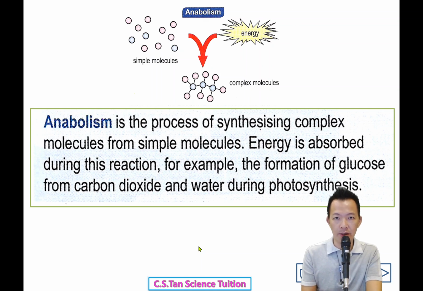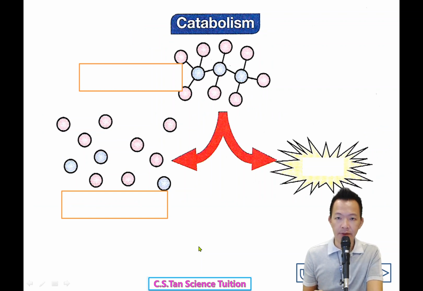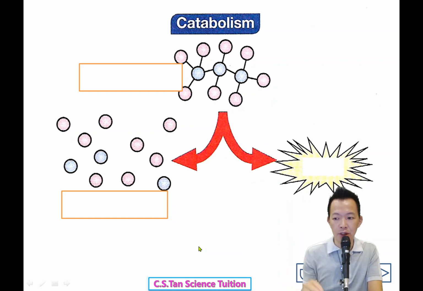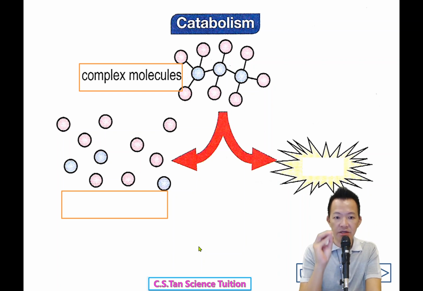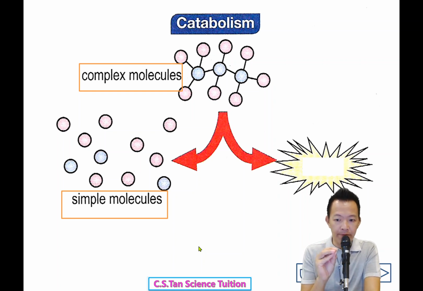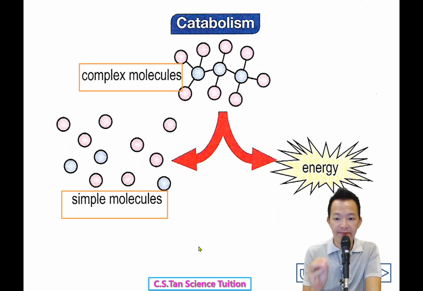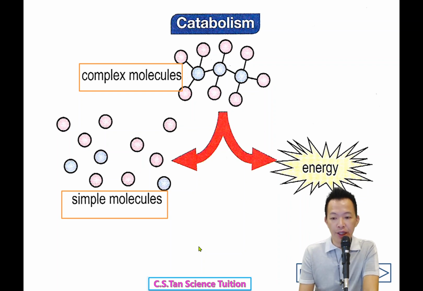Now we go to the other type, catabolism. What does catabolism mean? It is a process of decomposing a complex molecule, 把复杂的化学分子解散, into simple molecules. During the process, energy is released, 能量被放出来. Any example?